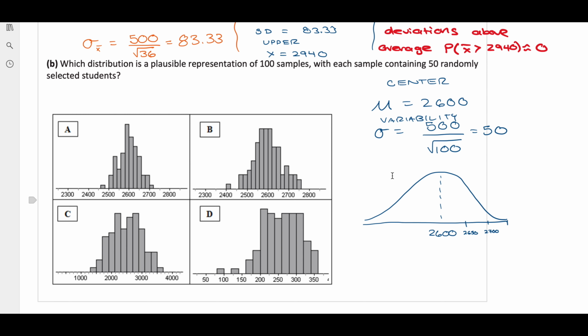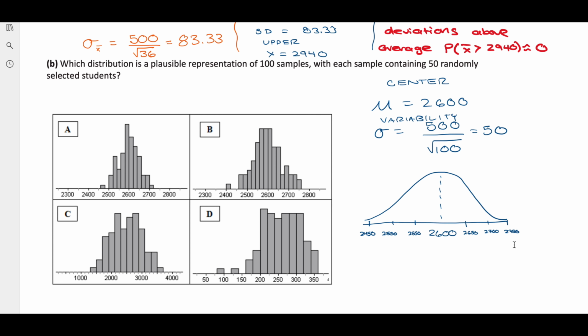It would be unusual for anything to be past that. It's possible, but very, very unlikely. I'm going to use the standard deviation to subtract. If I subtract 50, I get 2,550, then 2,500, and almost all the way out here, the min would be 2,450.